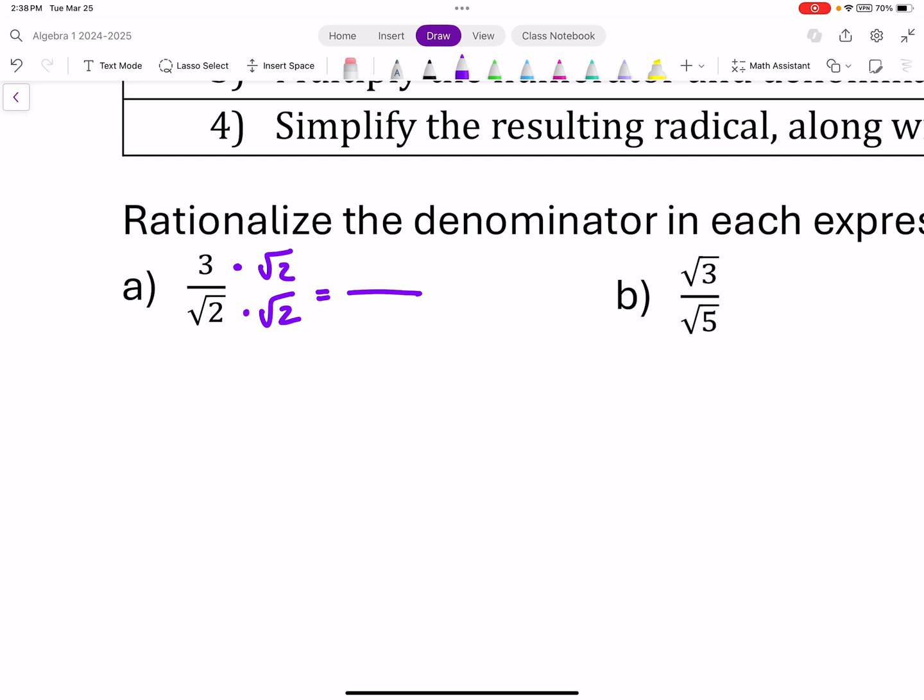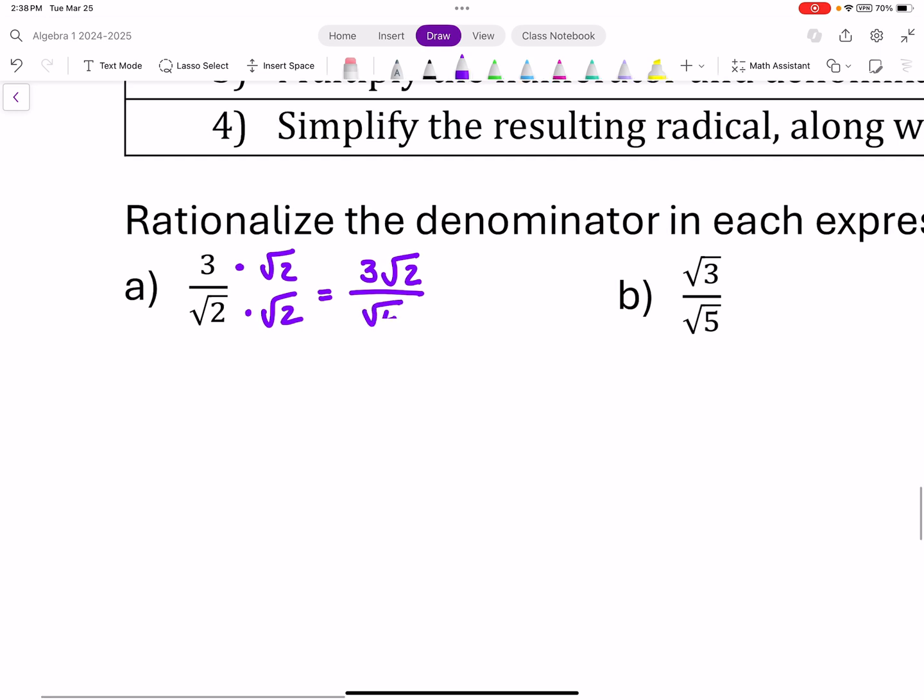So on the top, the 3 is outside and the 2 is inside. So they just stay 3 radical 2. On the bottom, radical 2 times radical 2 is radical 4. Well, we can simplify radical 4. The square root of 4 is 2 without a radical. And the top we can't break up. So my final answer is 3 radical 2 over 2.